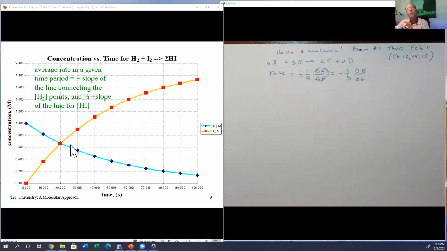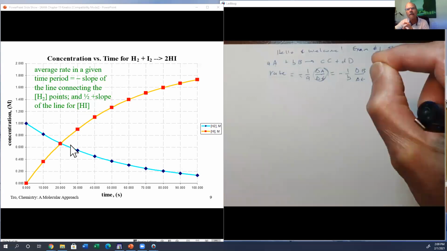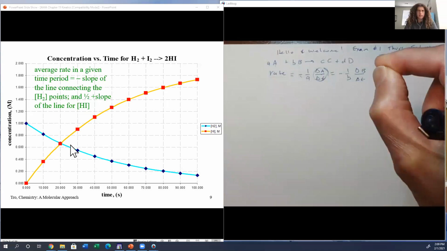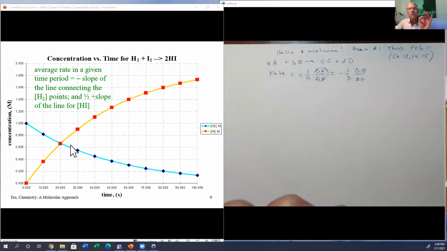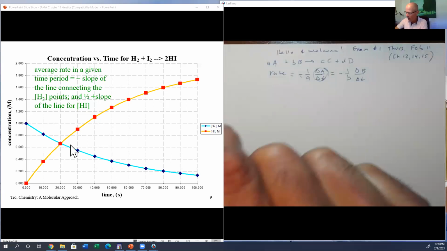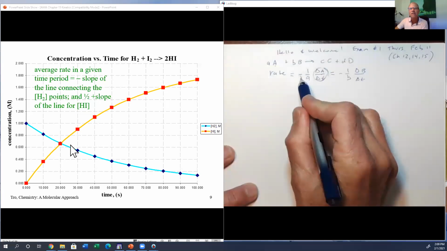If we're talking about a product, the rate of change of a product concentration is what? Positive. Okay. But if we're talking about a rate of reaction, that's always going to be what? Positive, right? Why? Because if it's a reactant, we put a negative sign in front of it to make it positive. Are you with me now? Does that make sense?